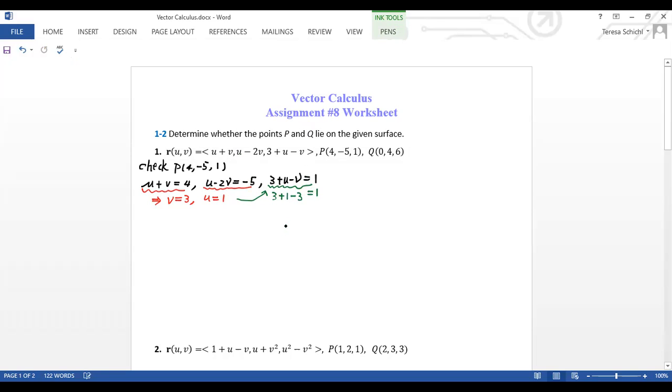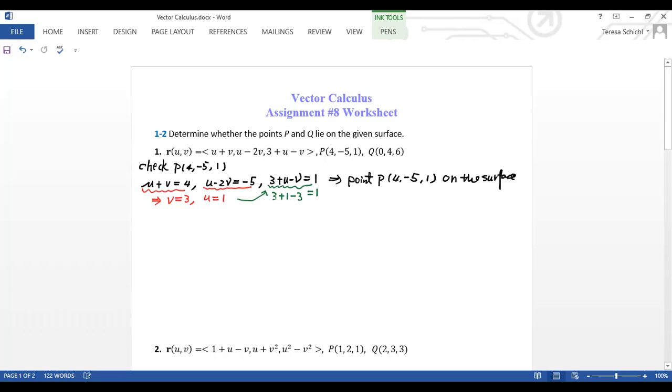Yes, that's good. They all satisfy, so the point P (4, -5, 1) is on the given surface.